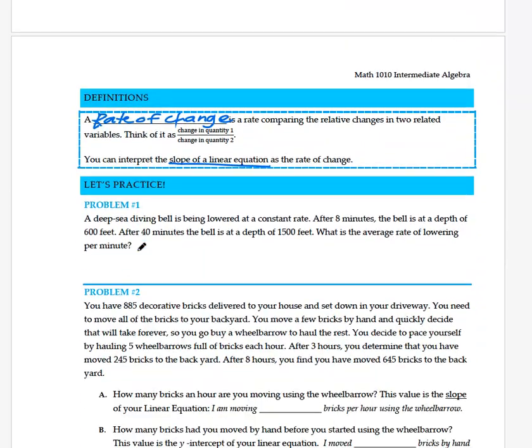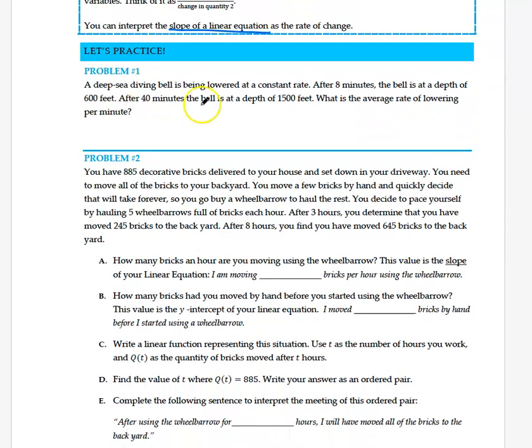All right, so let's do that. So if I'm looking at that first one, I've got 8 minutes is 600 feet. So 8 minutes, 600 feet. So there's one of the ordered pairs. And then the next sentence gives us the other one. After 40 minutes, it's at 1,500 feet.